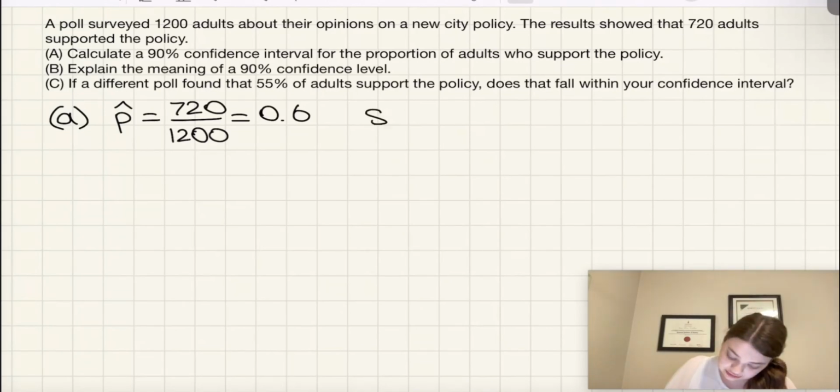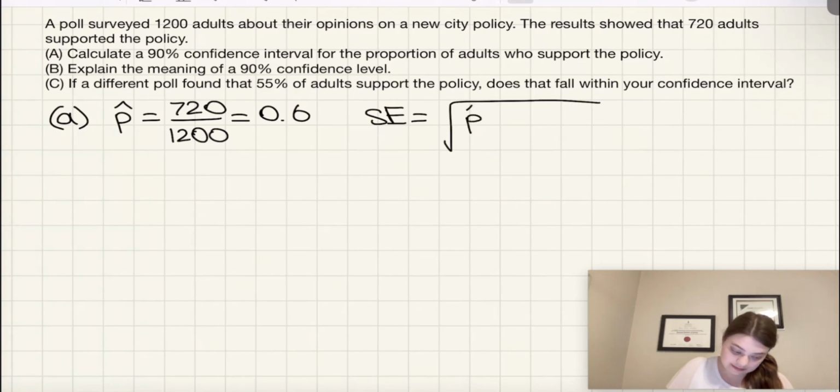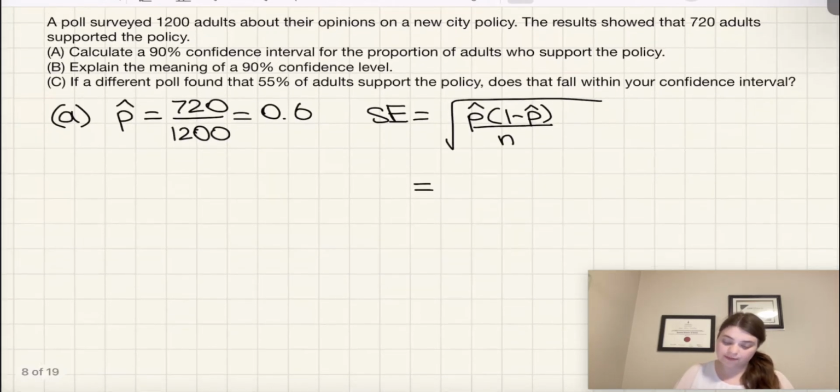So to find the standard error, we're going to take the square root of p hat times 1 minus p hat over n, where p hat is the proportion of the population who supported the policy in the sample, right? So the sample probability, in other words, and n is the number of people surveyed.